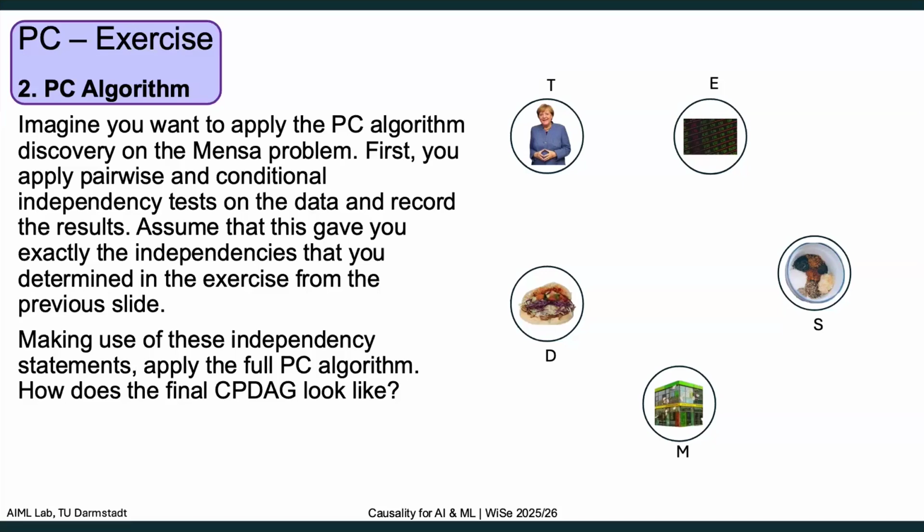And from these statements, we want to construct a graph, in the best case a fully directed graph, or at least a CPDAG, where we might direct some edges and might need to leave some undirected.